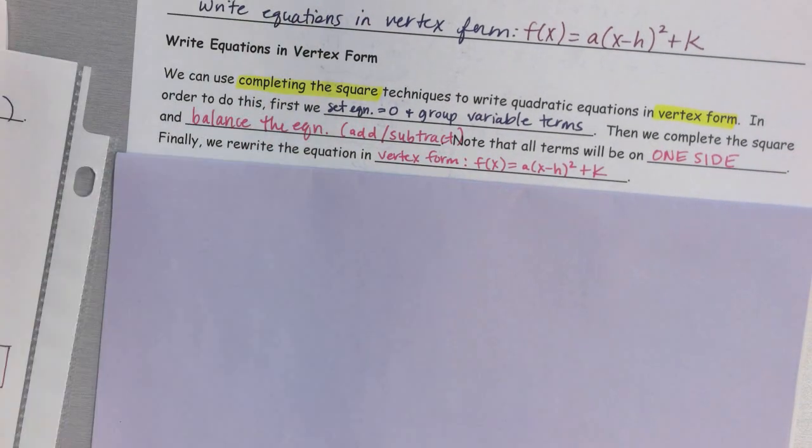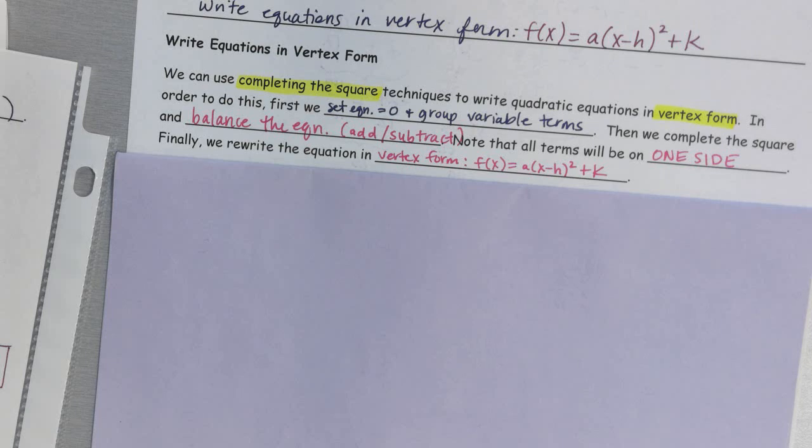Okay, so your final equation should be of the form f of x equals a multiplied by x minus h squared plus k. Now, in many cases, your a value is going to be 1, and you'll be able to see your a value right away because in standard form, your a value is always the coefficient of x squared. So we're going to know what that is right away.